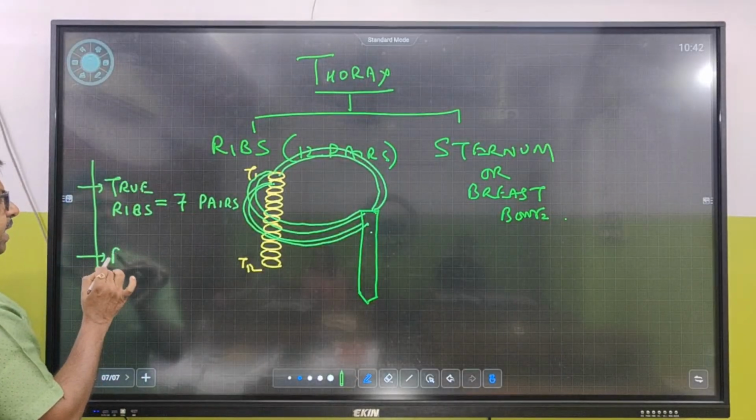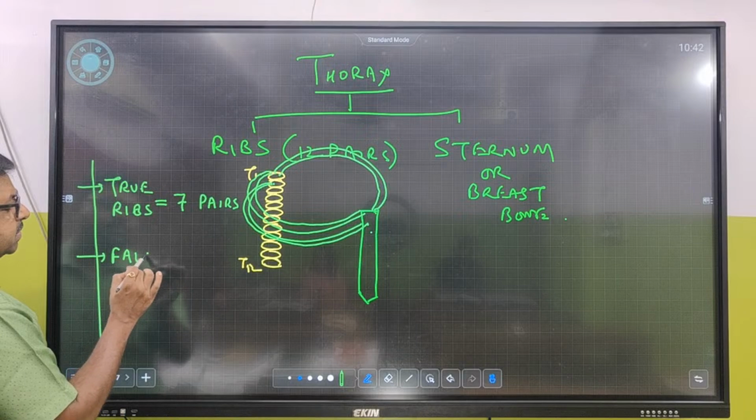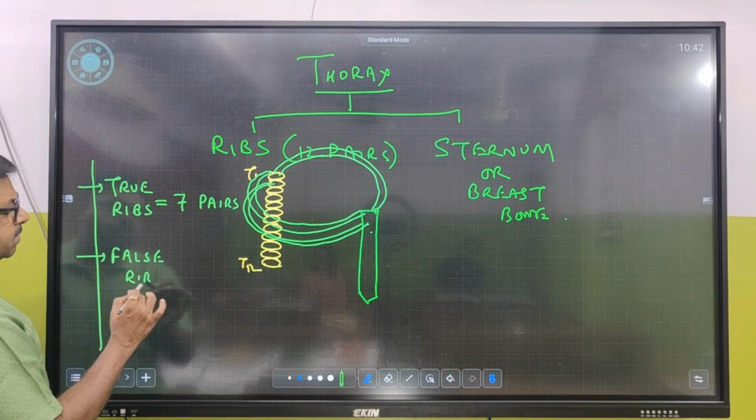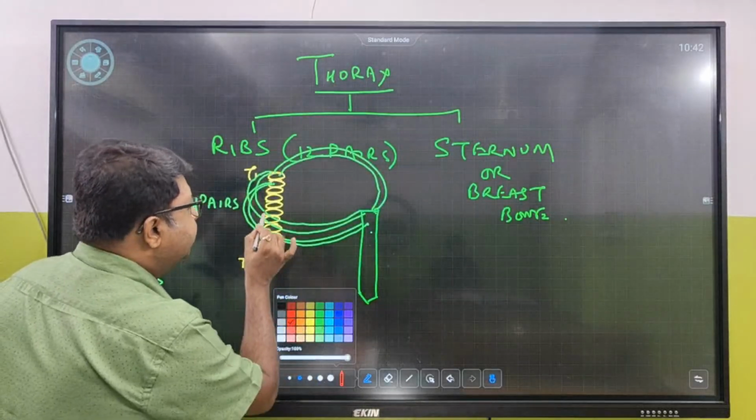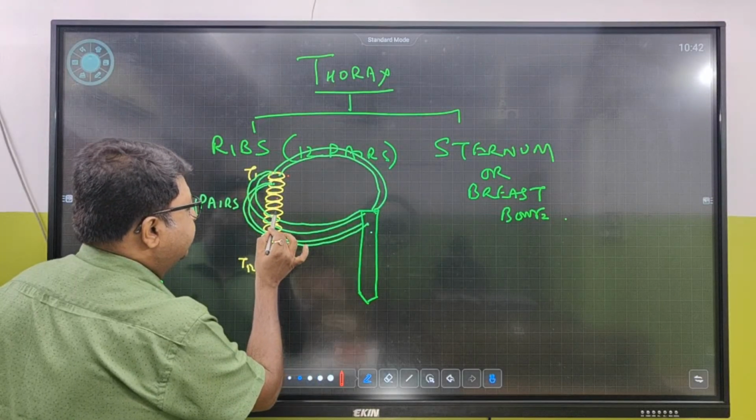The next one is called false ribs. What are they? Basically, the true ribs originate from T1, T2, T3, T4, T5, T6, T7.